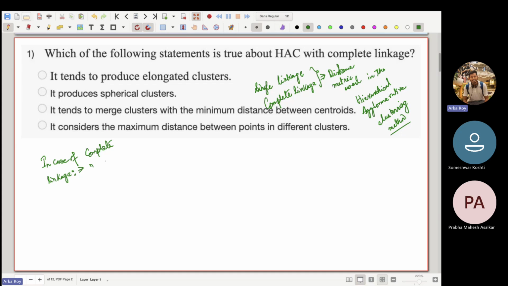Complete linkage is basically defined as the maximum distance between any pair of points, one from each cluster.